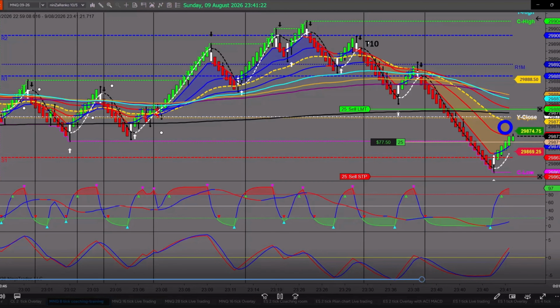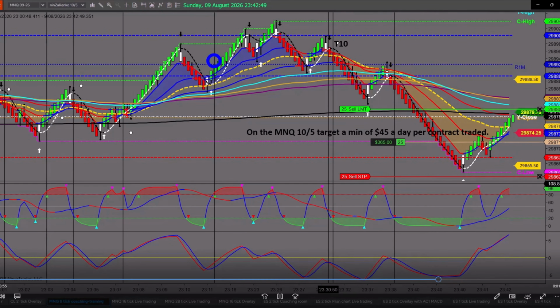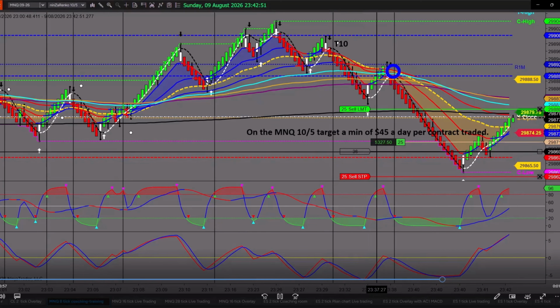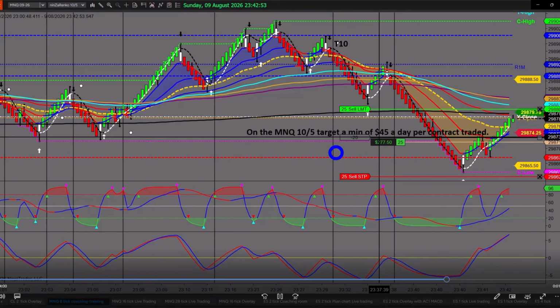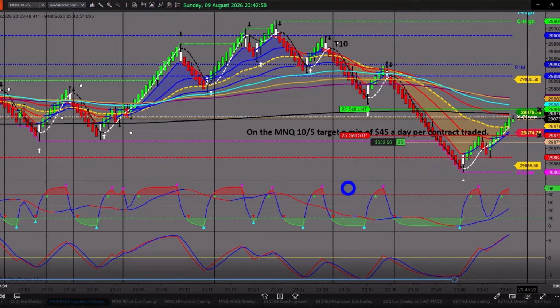New traders, I don't want you to trade these initially. As you're about to see, there's a ton of great trend following trades in here. Now just note I've now gone to break even, so this is now a risk-free trade.